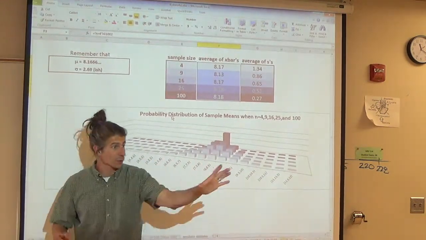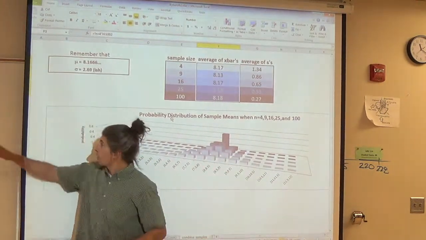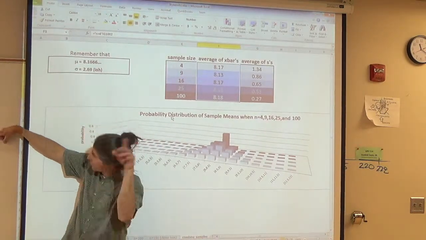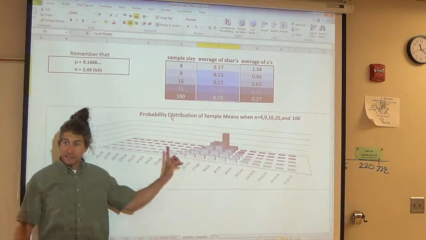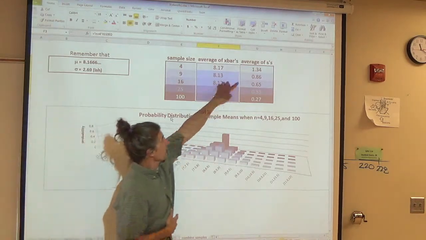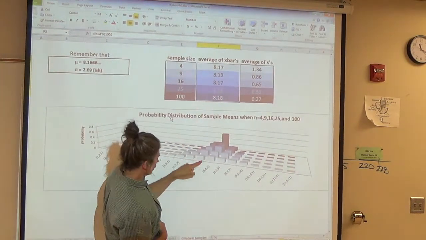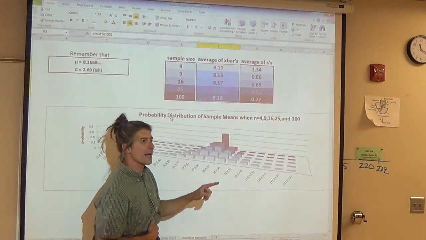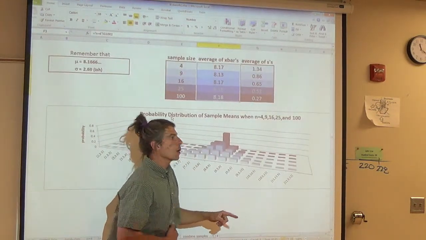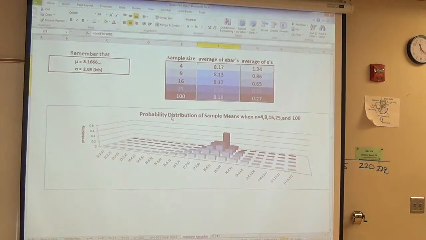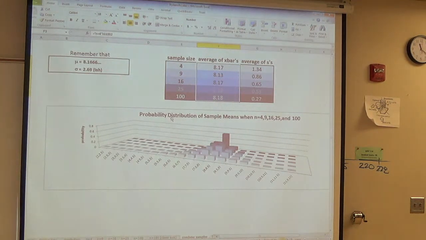So now I want to answer the question that I posed to you guys a few moments ago, which is how these numbers, in particular that number, plays into these graphs. So here are the standard deviations of each of these curves. Say that again. The bigger the sample size, the smaller the standard deviation.